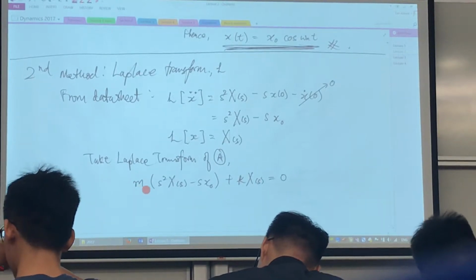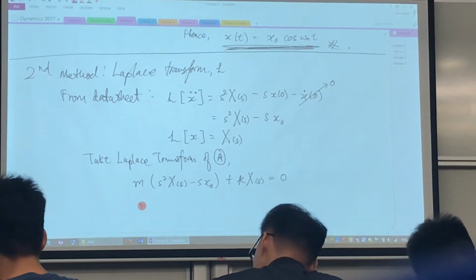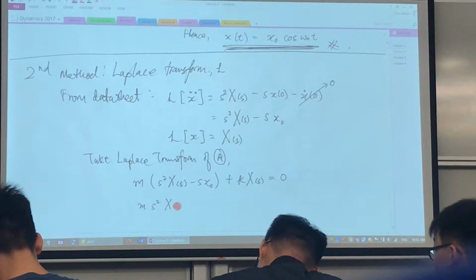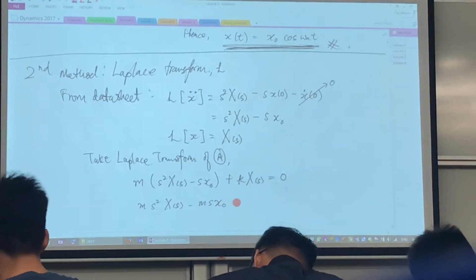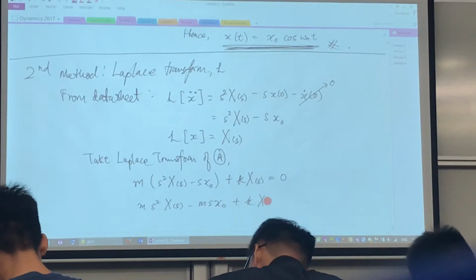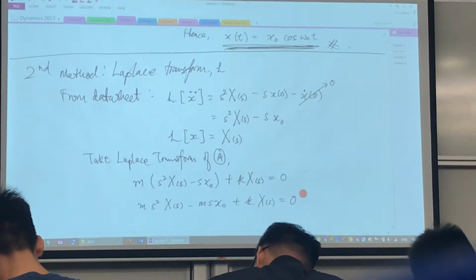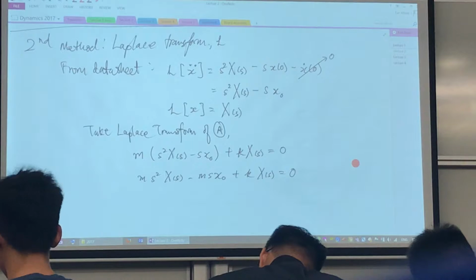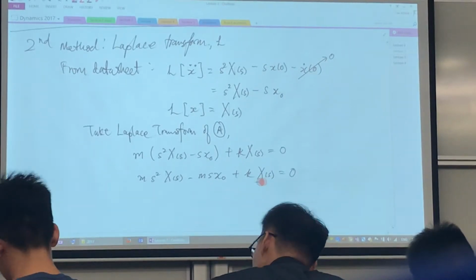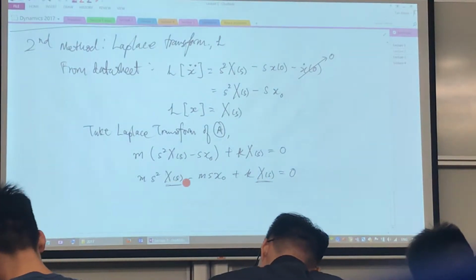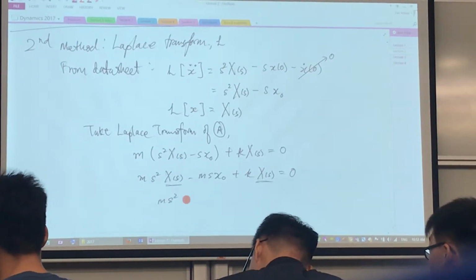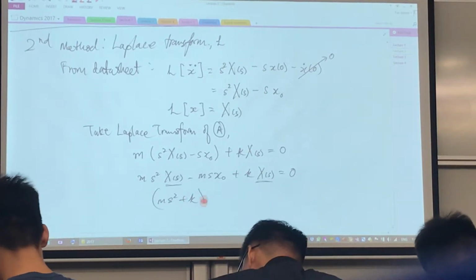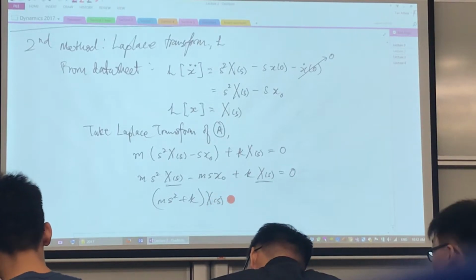So I'll multiply m inside, I get m s squared X(s) minus m s x naught plus k X(s) equal to 0. So there's a common factor. I'm going to underline it, X(s). I'm going to bring them together. m s squared plus k, X(s).